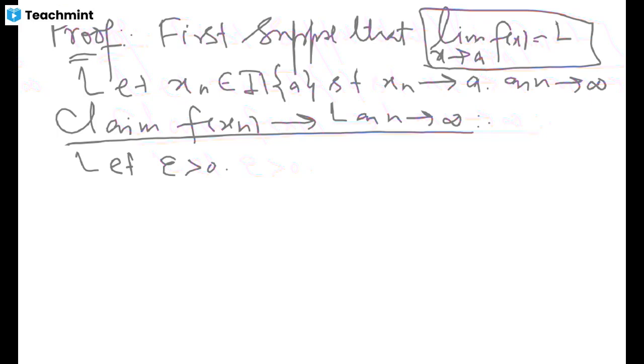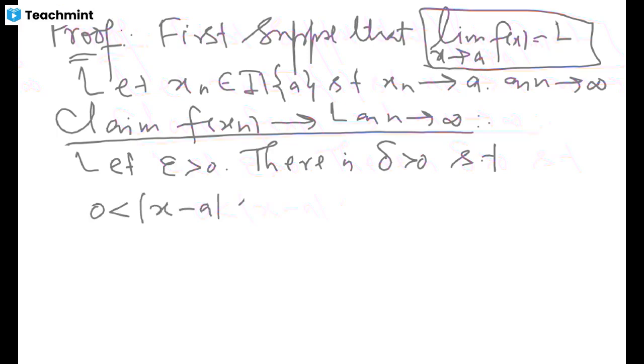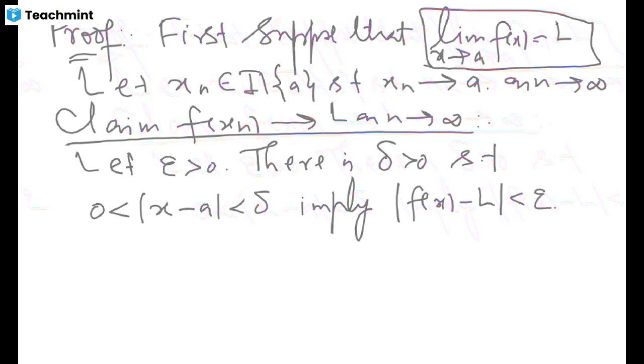So there exists some positive number delta greater than 0 such that whenever 0 < |x - a| < delta, it will imply that the distance of f of x from L will be less than epsilon. Let us call it star.